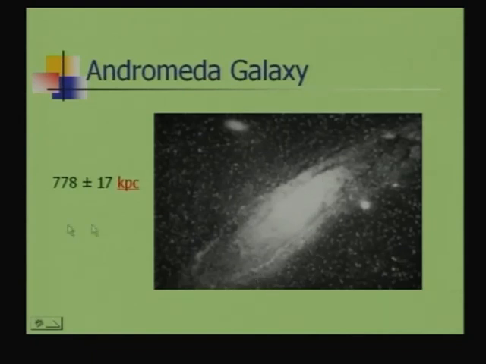The distance is 778 kiloparsec, which establishes the Andromeda galaxy to be well outside our own galaxy. The extent of our galaxy is of the order of tens of kiloparsecs. So, this was the first full-fledged spiral galaxy for which the distance was estimated, and it turned out to be quite beyond the extent of our galaxy. So, it established that the nebulae which were seen were actually outside our galaxy, they were not part of our galaxy.